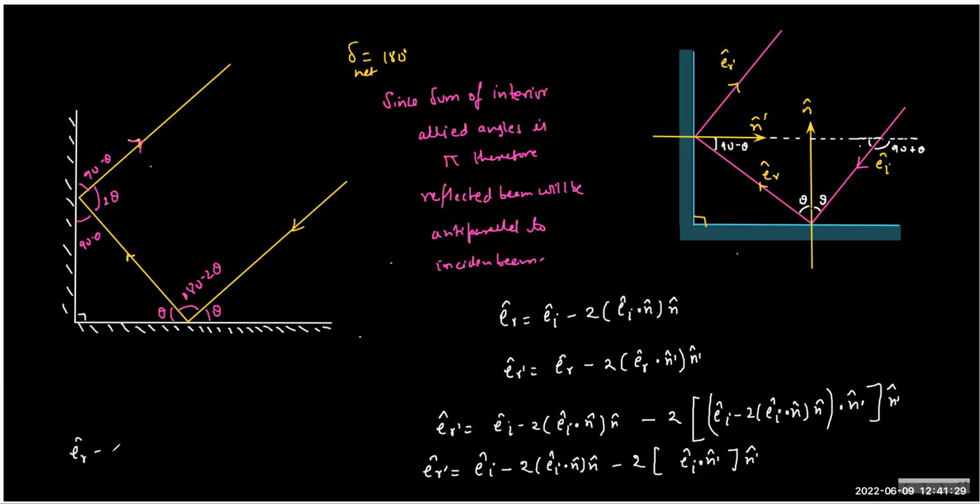So ER dash is how much? EI minus twice EI dot n cap. If you remember, EI dot n cap is minus cos theta, correct? Yes. And EI dot n dash is at 90 plus theta, so cos of 90 plus theta is again minus sin theta, right?